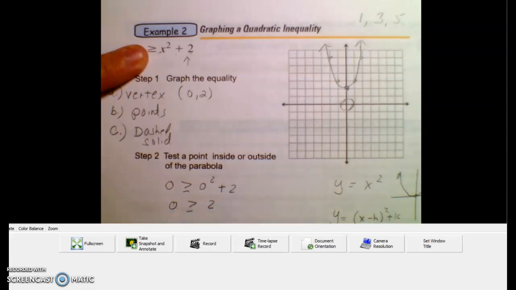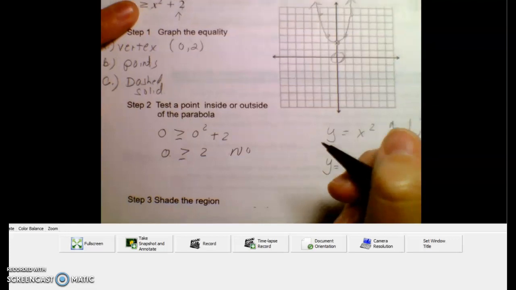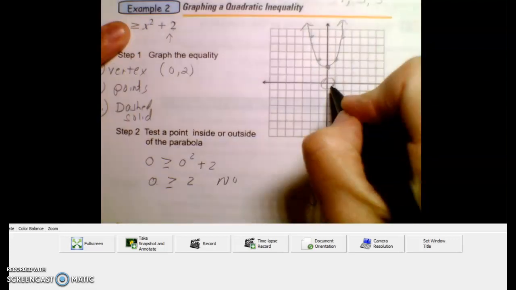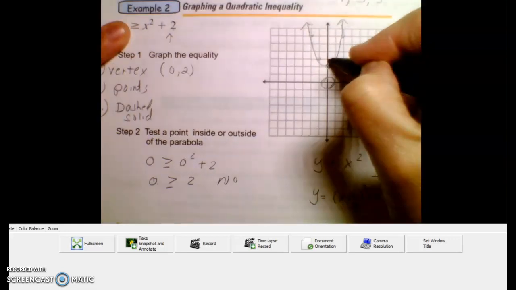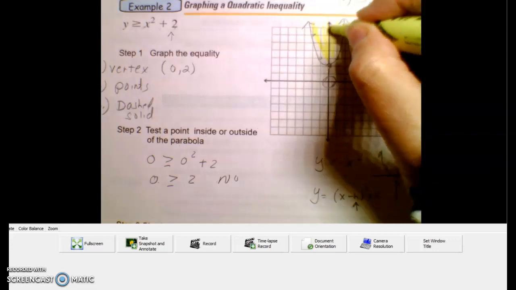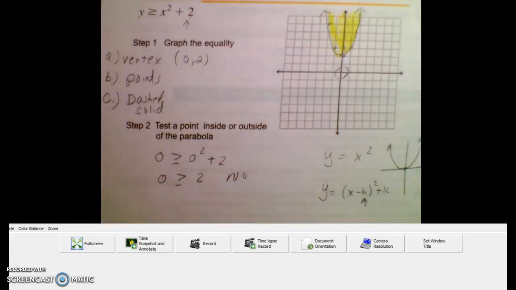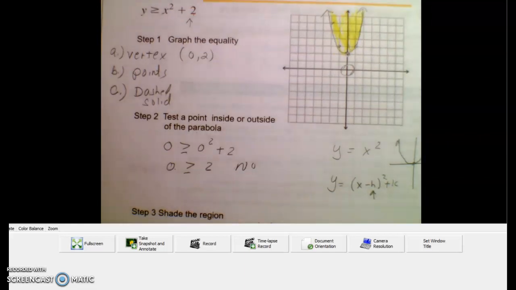Is 0 greater than or equal to 2? No, it's not. So it is a no. And if it's a no, then that's telling me that this point is not where the solution is. So in this case, again, the solution is inside. So I'm going to highlight inside. There you go. There's our graph number 2.